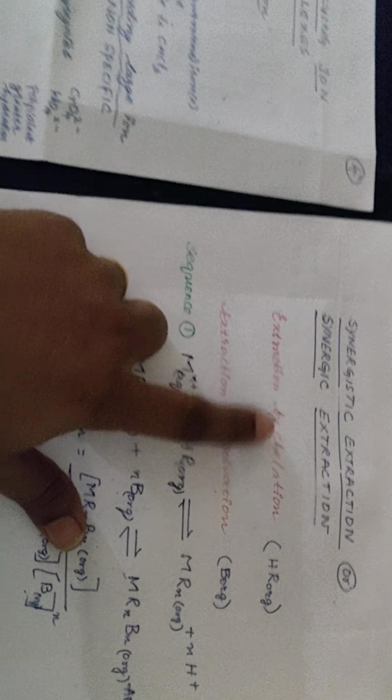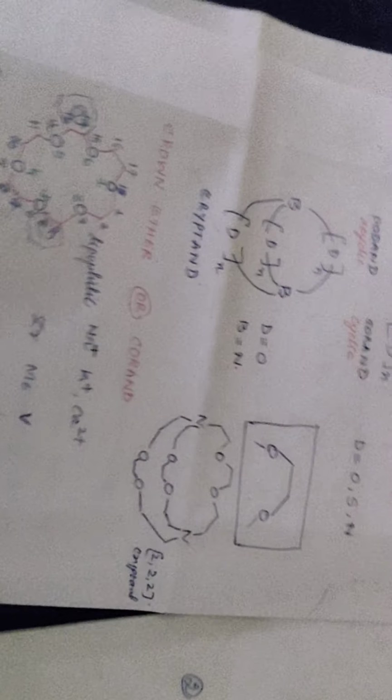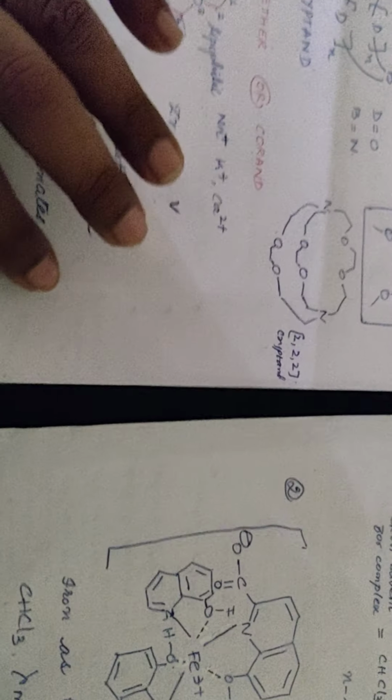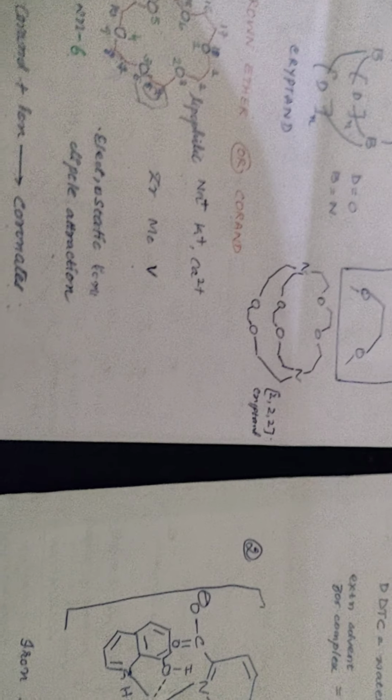We can even carry out synergistic extraction, that is use both the methods, or extraction using macromolecules, that is crown ethers, cryptands, etc. You can do solvent extraction with these methods.